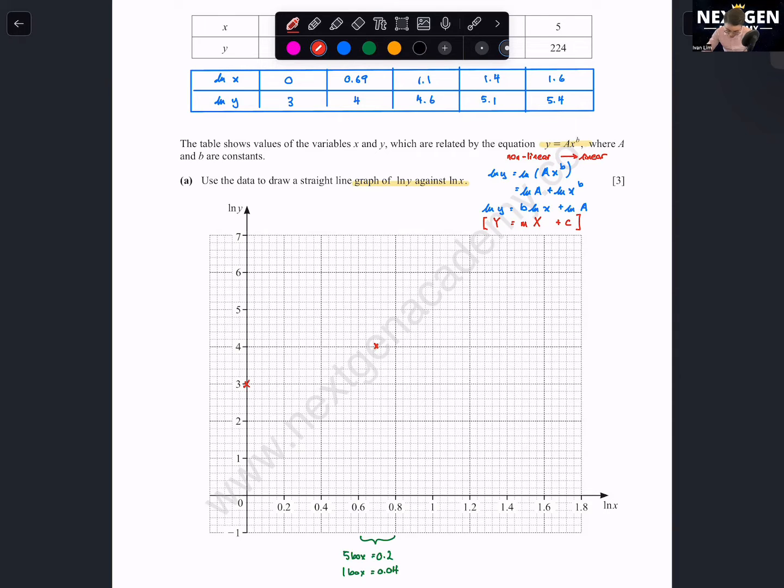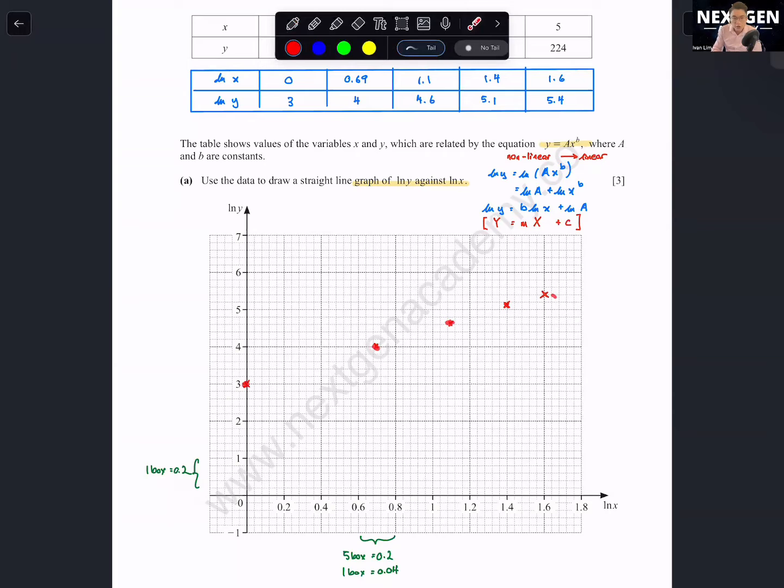For the y-axis, one box is equal to 0.2, because 5 boxes is equal to 1. So 1 divided by 5, 0.2. Next point, 1.4, 5.1. Then 1.6, 5.4.